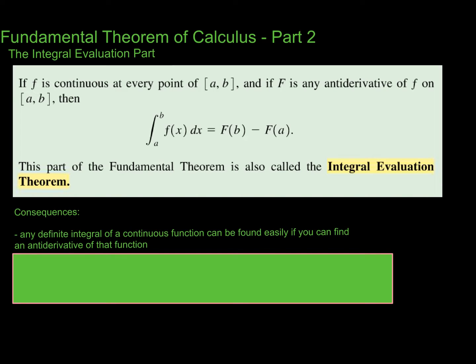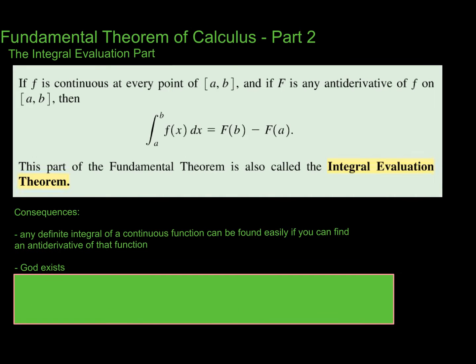Now, to help you understand just how important and powerful this theorem is, let's consider another consequence. To help you understand why this would be thought of as a consequence, imagine that you are one of the founders of calculus. You're discovering calculus.